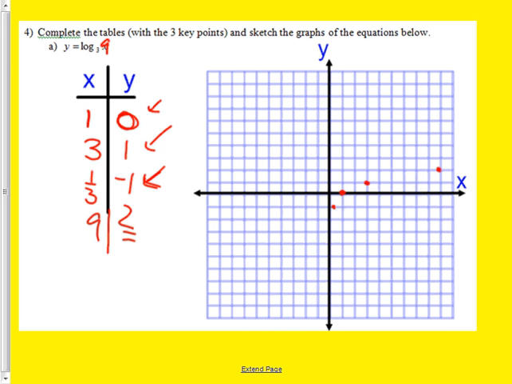All right. You remember the exponential graph that would go like this? Well, this doesn't look like that, does it? But it's similar. It goes like this.